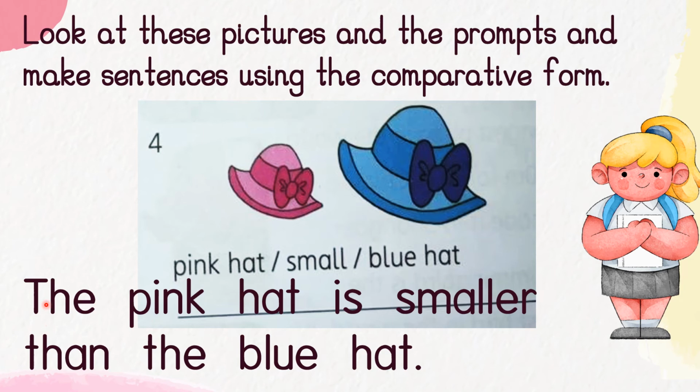So we use the word the, yeah, to make it specific. So it will be the pink hat is smaller than the blue hat. Lebih kecil, 比较小. I repeat again, the pink hat is smaller than the blue hat. Is it alright? It's quite very easy, the exercises, yeah?